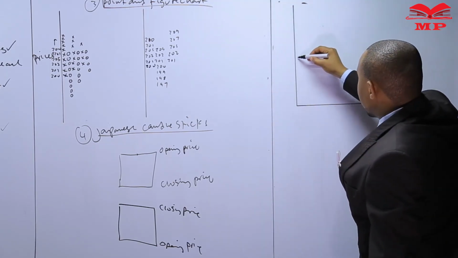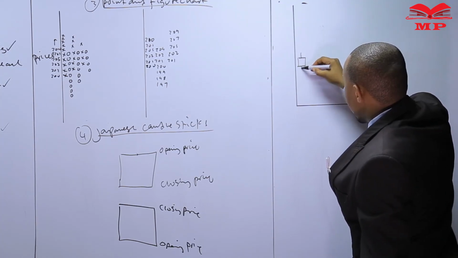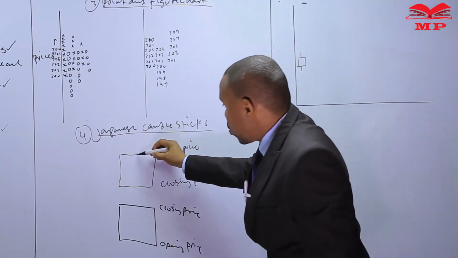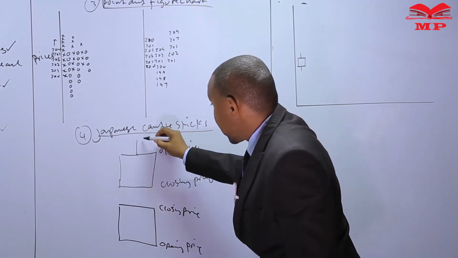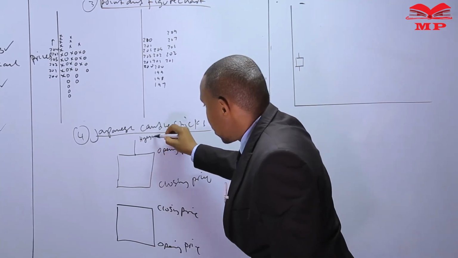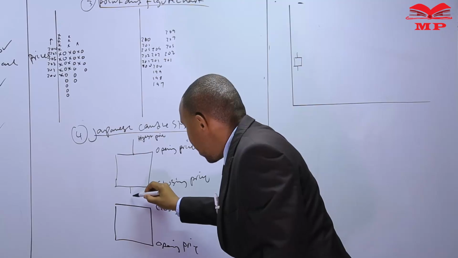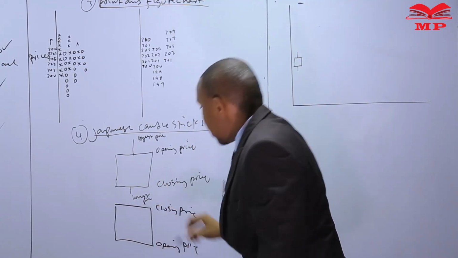Then we can draw now that candlestick over here with that and that. What I didn't explain on these graphs is that here you can have the wick over here. You have the highest price, and here you have the lowest price like that.